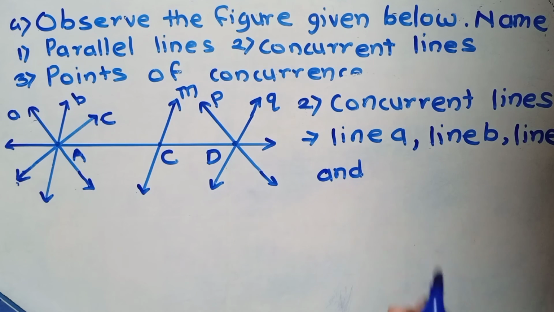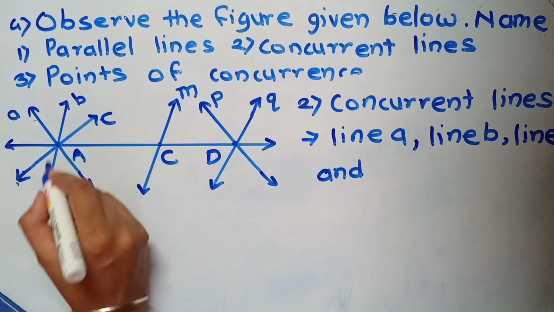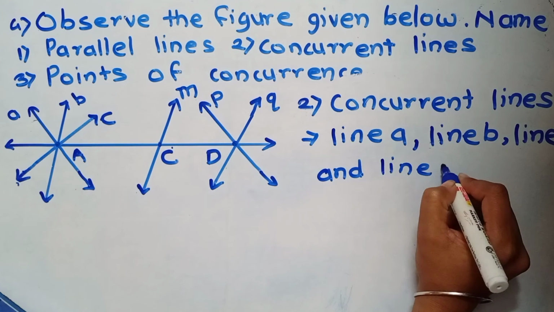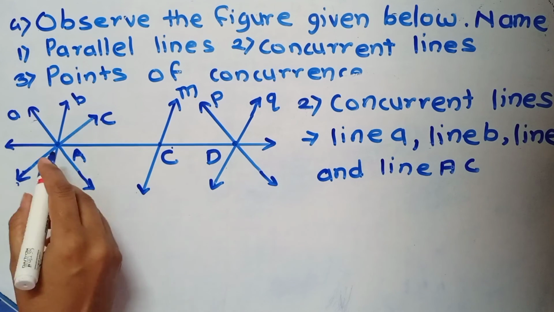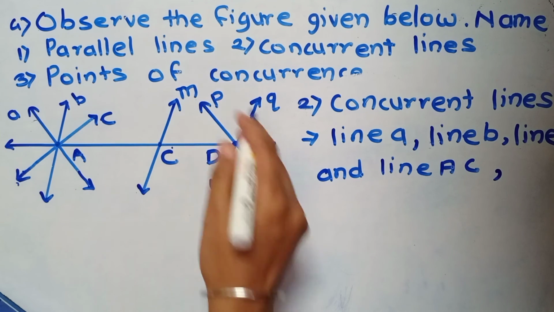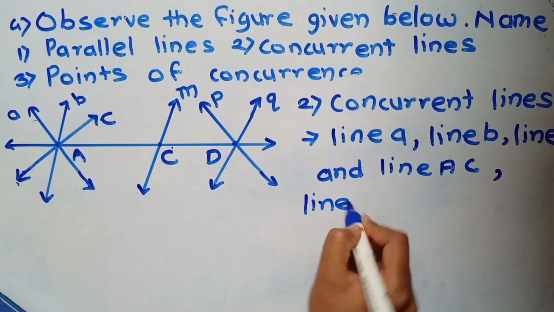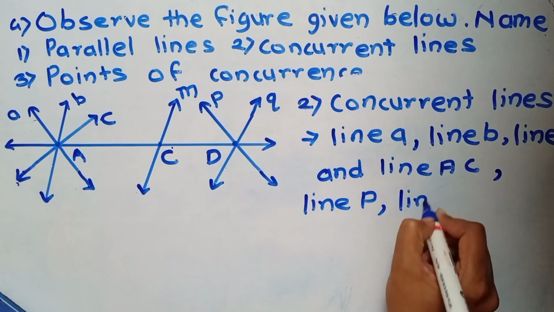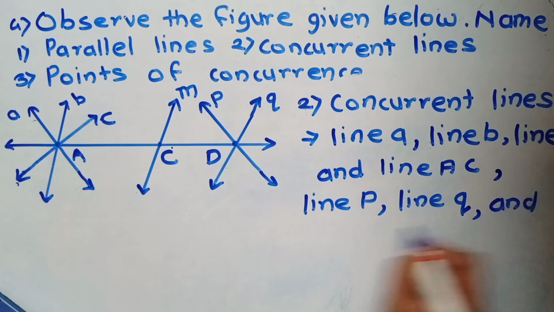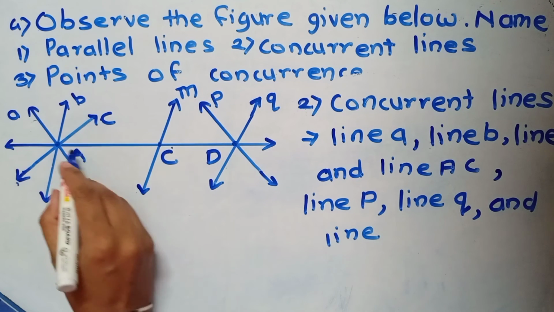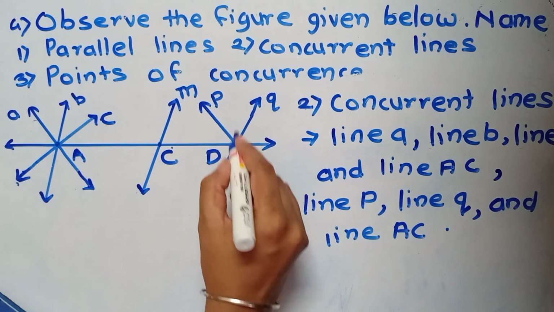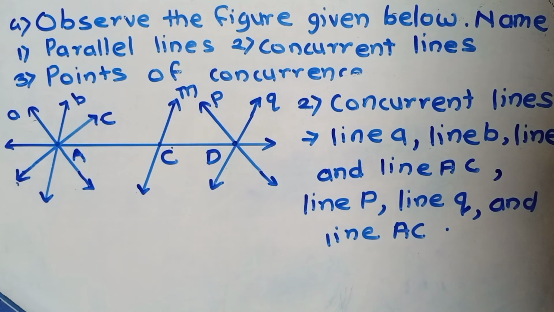And line AC. Are the concurrent lines. Okay. Next, see this line P, line Q and line AC. These are the concurrent lines which are passing through the point D.